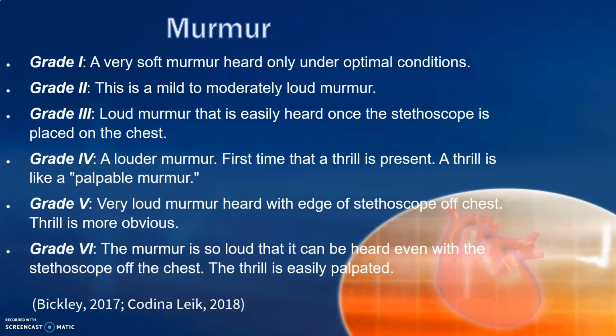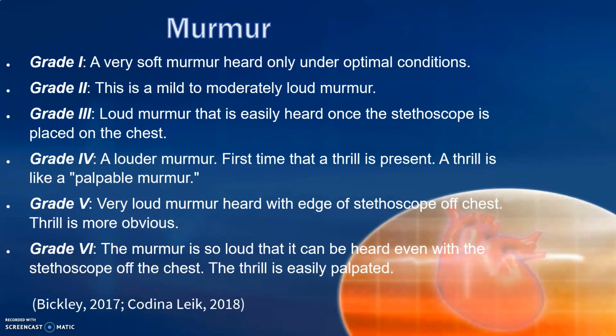So let's look at grade 4 to grade 6. Please remember that the thrill is identified beginning at grade 4. Grade 5, we said, is a very loud murmur heard with the edge of the stethoscope off the chest. So it's just the edge.